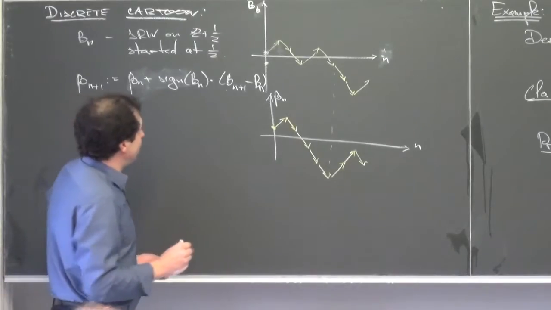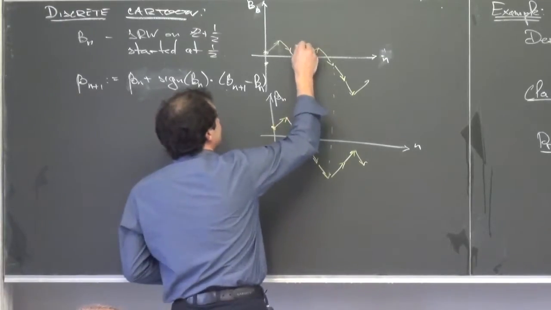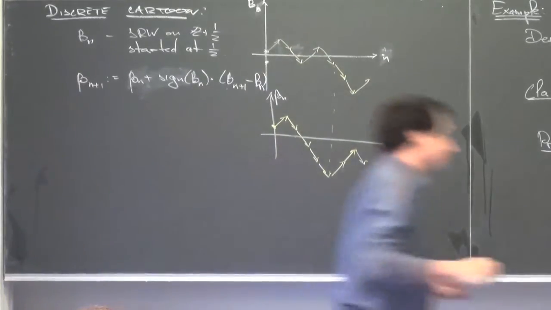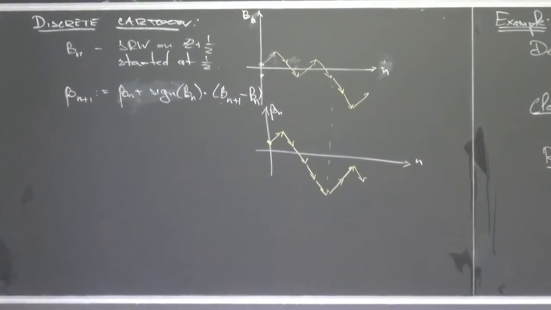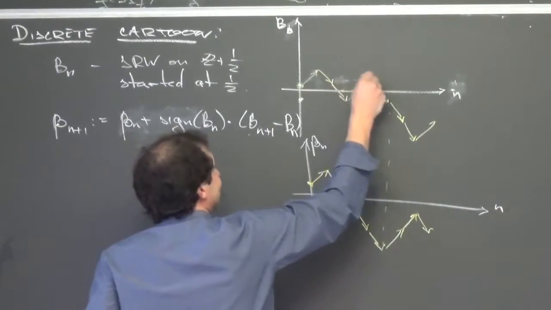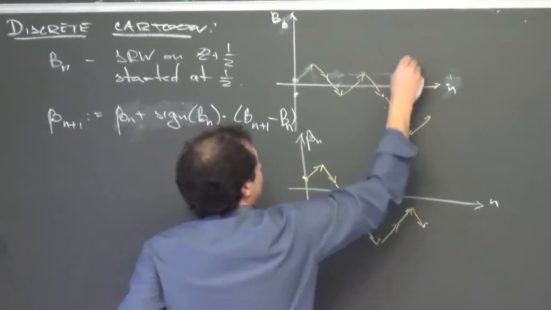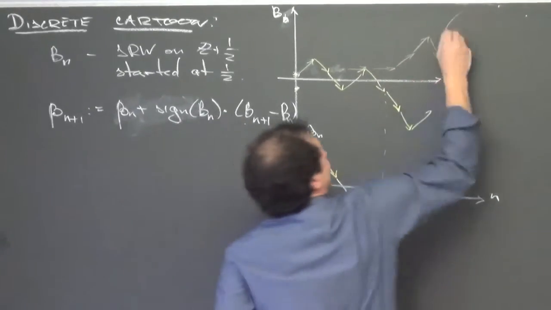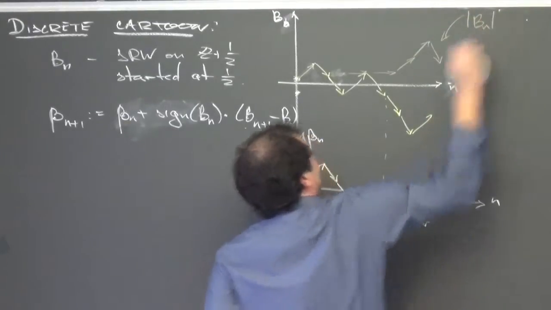To make the picture clear, I need some strange color. Okay, maybe this one. So what's that? This is the absolute value of Bn.